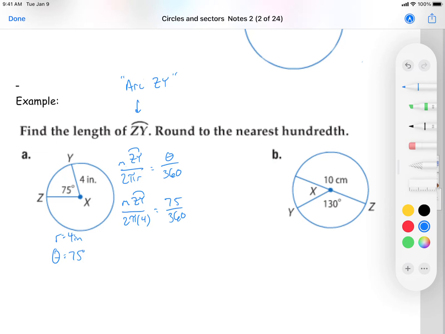So let's take another step. Measure of arc ZY over 8 pi is going to equal... now what's 75 divided by 360 as far as reducing fractions?